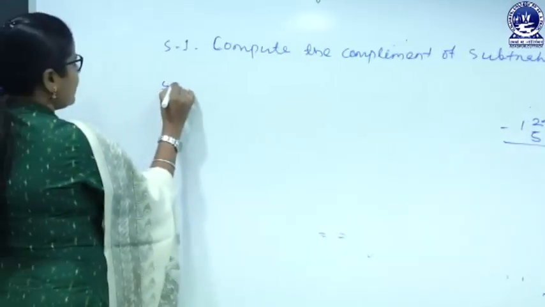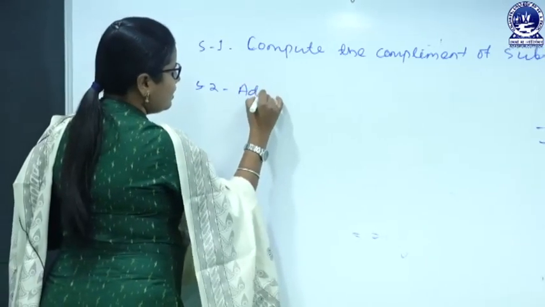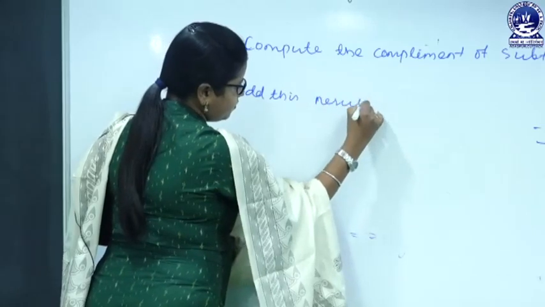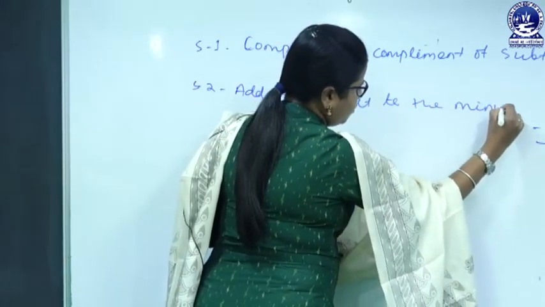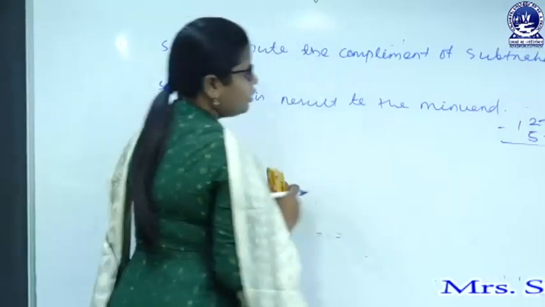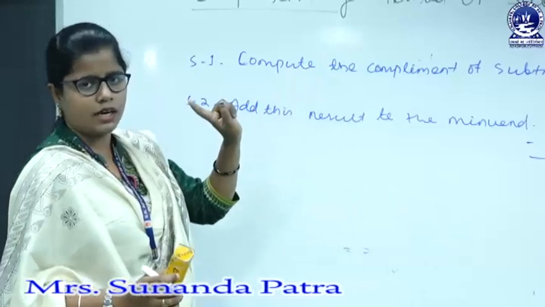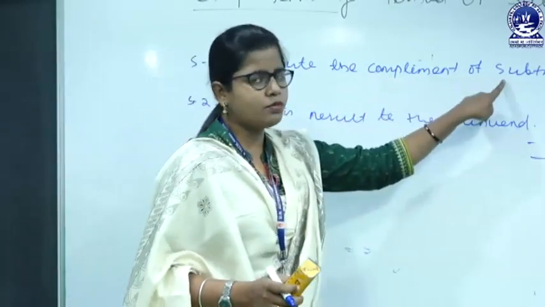Next, in the step 2, add this result to the minuend. In step 1, we need to complement the subtrahend. We have to find out what is the complement of the subtrahend.